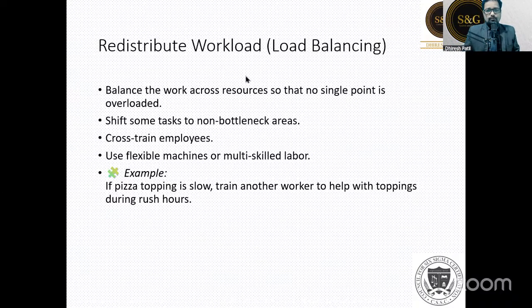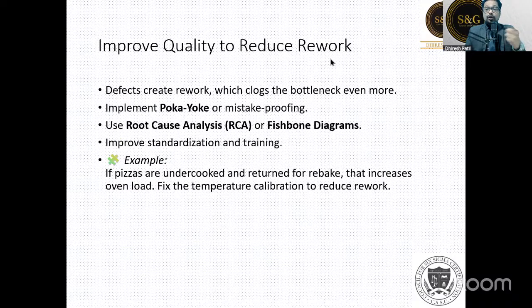Then improve the quality to reduce the work. For example, use the Poka-Yoke system, mistake proofing, root cause analysis, fishbone analysis, and standardize the work. For example, if the pizzas are undercooked or underbaked, there will be a customer complaint and you have to redo that, right? Rework, correct?